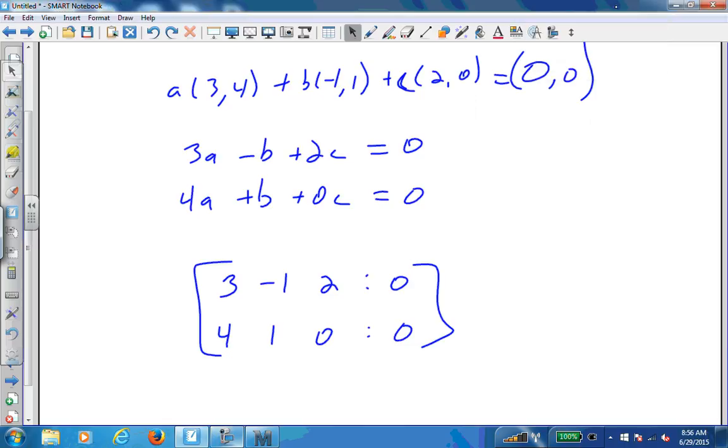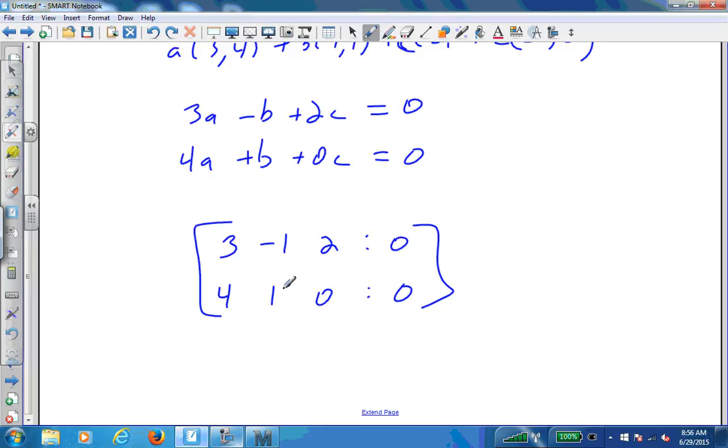If we row reduce this, then we're going to end up having two pivots. So if we have two pivots, then it doesn't matter what our third value is, but the only solution that we're going to have will be our trivial solution.